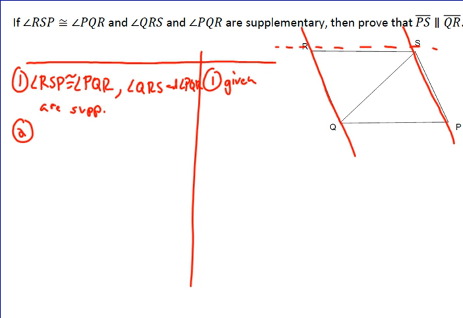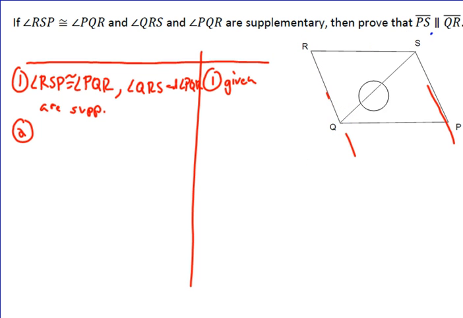If that was a transversal, then if we could show that QRS and RSP are supplementary, then by the converse of the same side interior angles theorem, you would have parallel lines. Or you could notice that QS could be a transversal, and RQS congruent to PSQ would also be enough to show that the lines are parallel by the converse of the alternate interior angles theorem. So we're going to do one of those two.